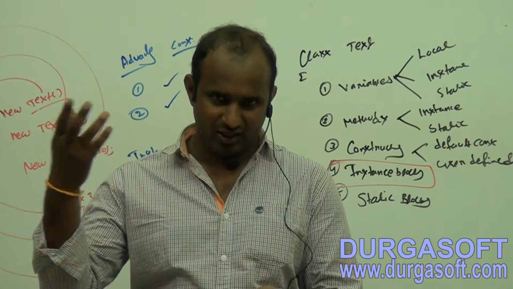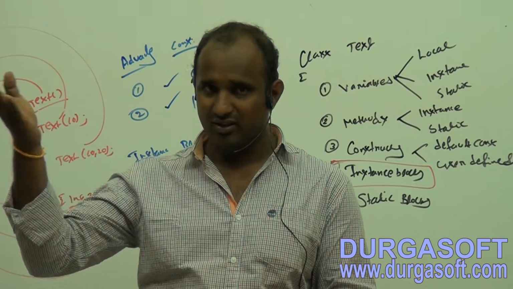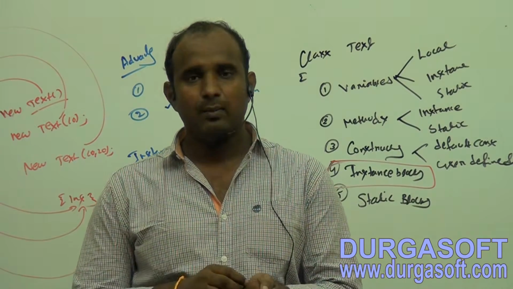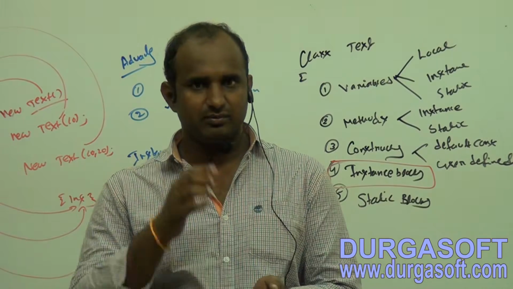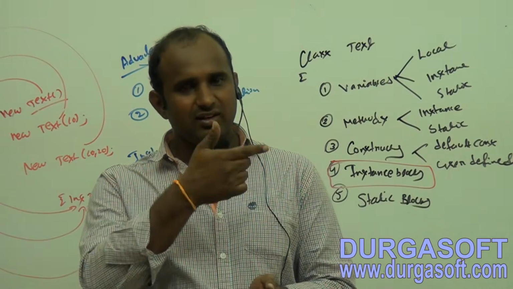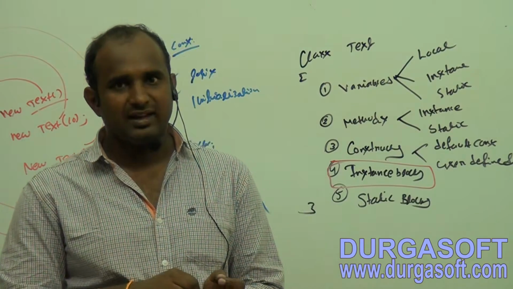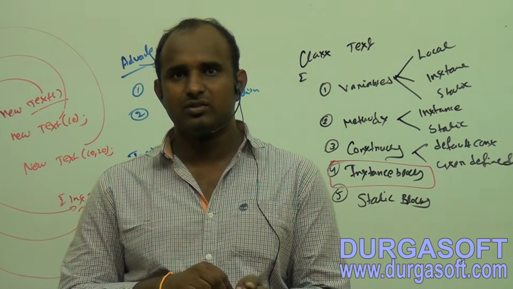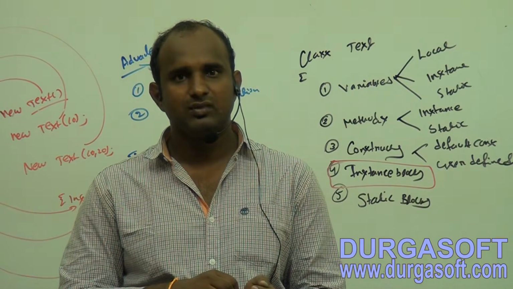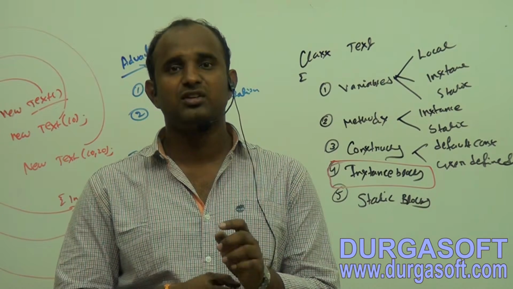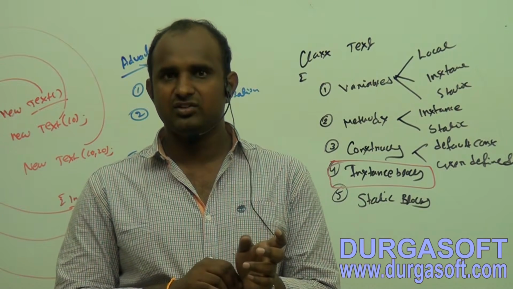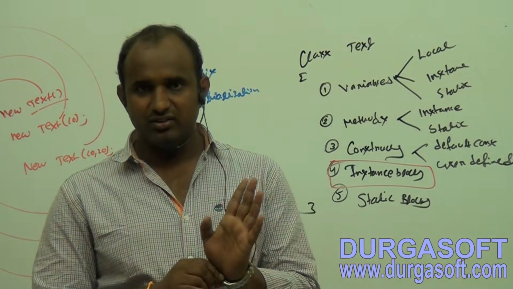You can execute 100 constructors, one constructor calling another, but how many objects are created? 1 object. So based on this example, instance block execution depends on object creation, but not on constructor execution.